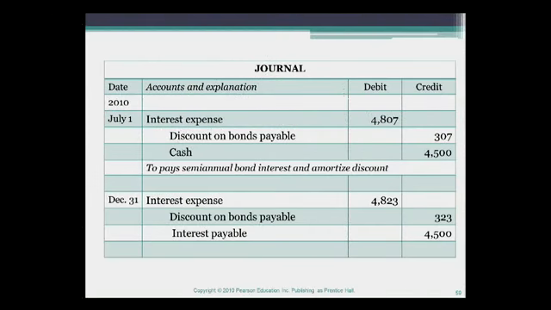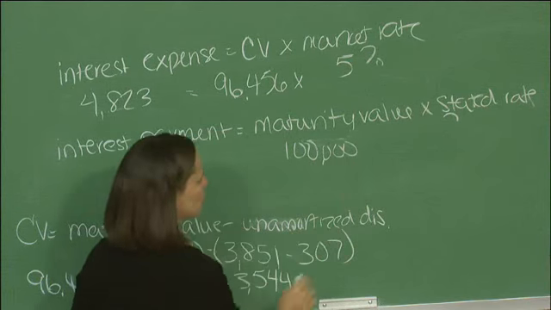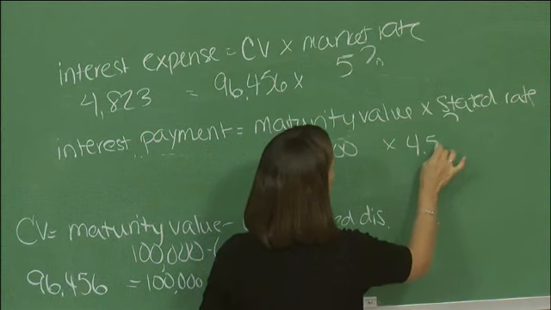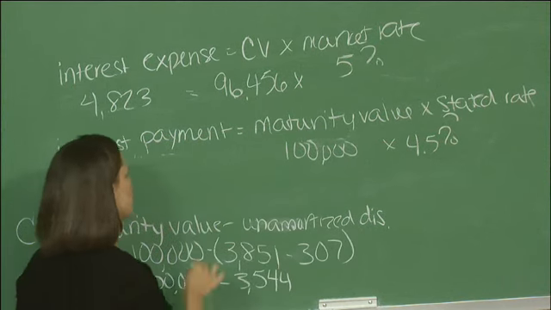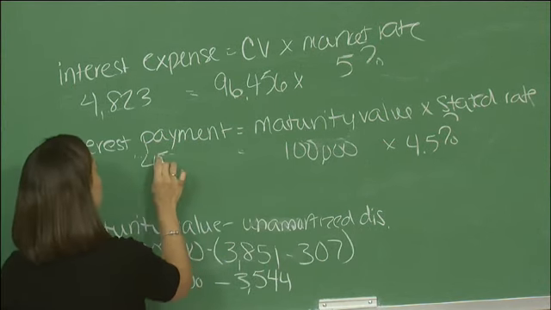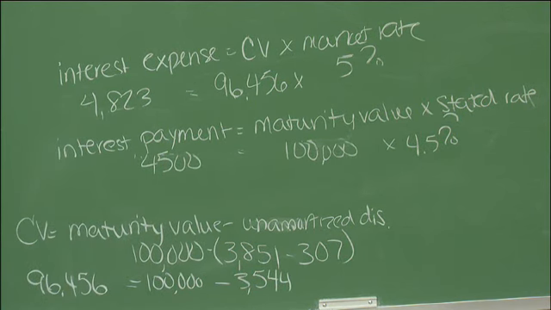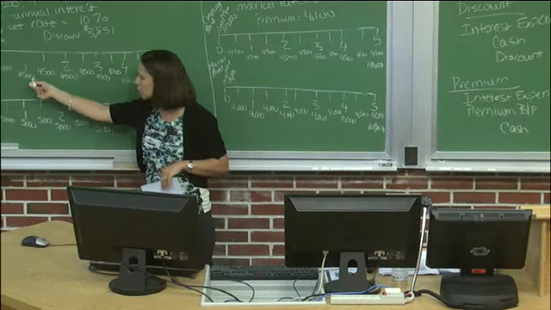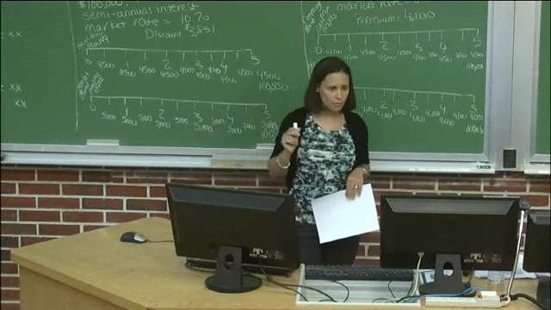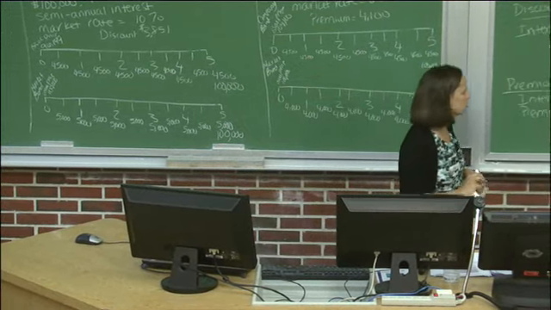Okay, what about our interest payment? Well, notice how everything in this equation stays the same. Maturity value, $100,000. Stated rate, still 4.5%. So our interest payment, still $4,500. Which makes sense because we said these were equal periodic payments, right? When we looked at these cash flows, they were $4,500.